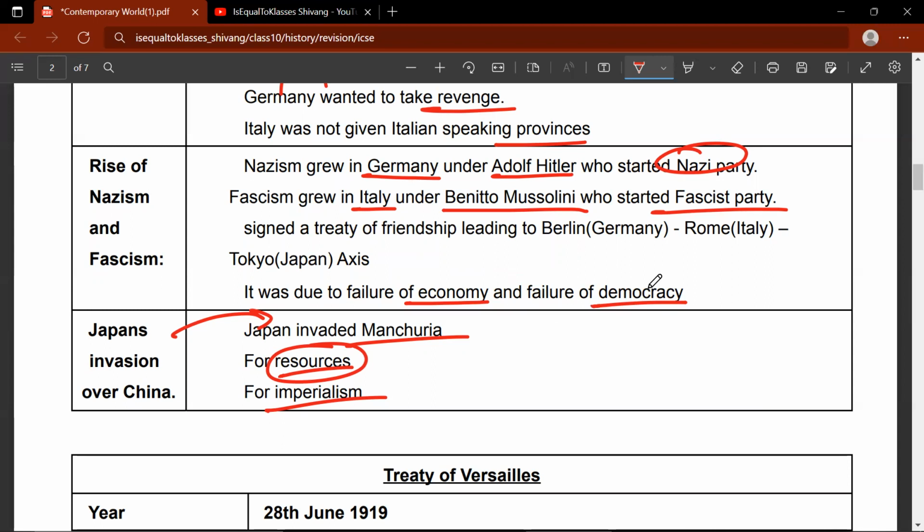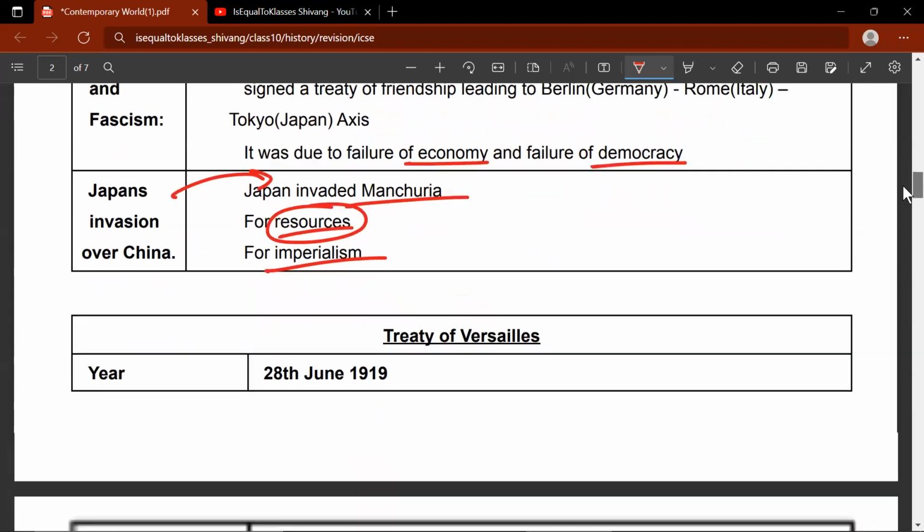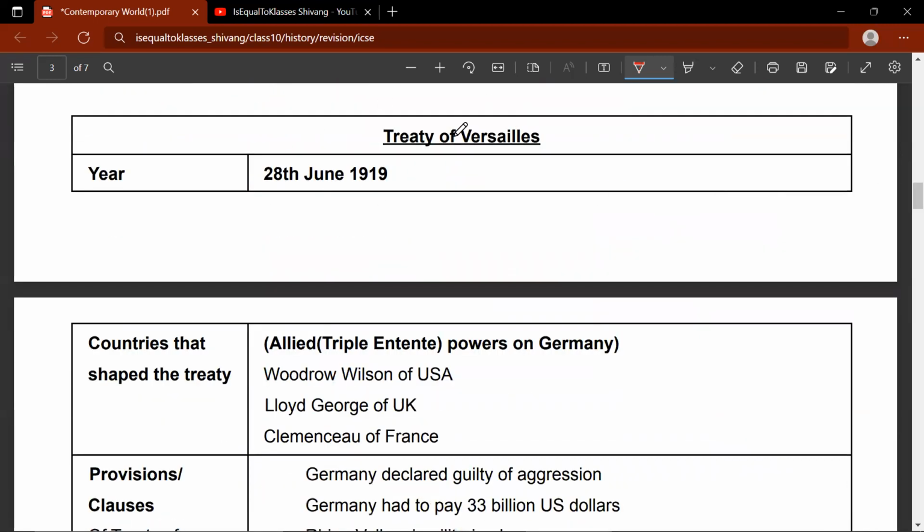And Japan wasn't gifted with a truckload of mineral resources. Manchuria, on the other hand, was rich in mineral resources, so it invaded Manchuria and the Korean Peninsula as well to provide for its industries back in the Japanese mainland.